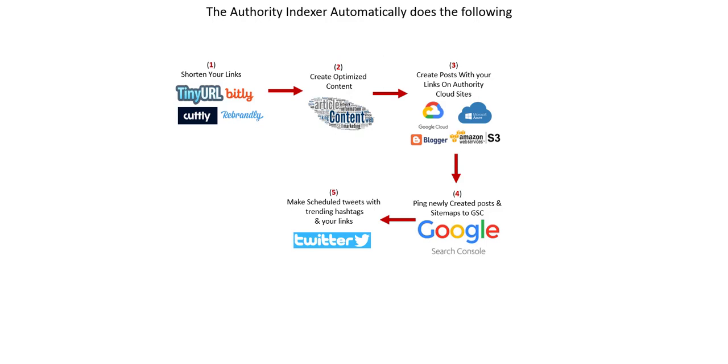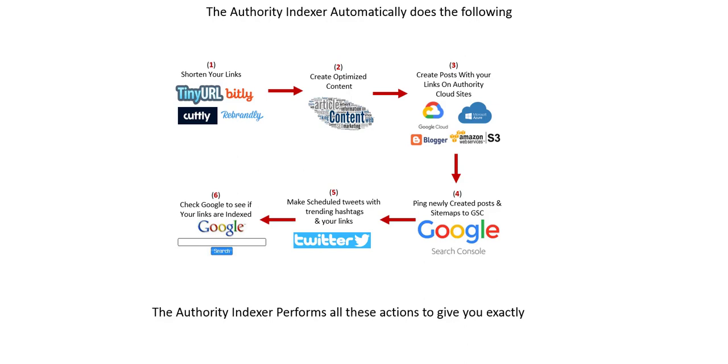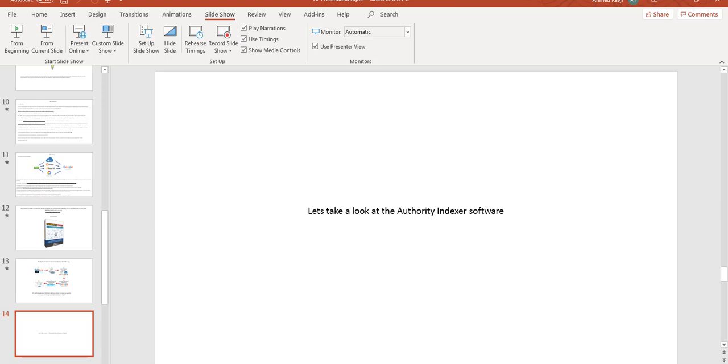It will also take your links that you want indexed and post them on Twitter throughout the day on a schedule of your choice using trending hashtags. It will also allow you to check Google to see if your links are indexed or not. The authority indexer performs all of these actions to give you exactly what you need to get your links indexed fast. So let me show you around the software and show you what the authority indexer does.